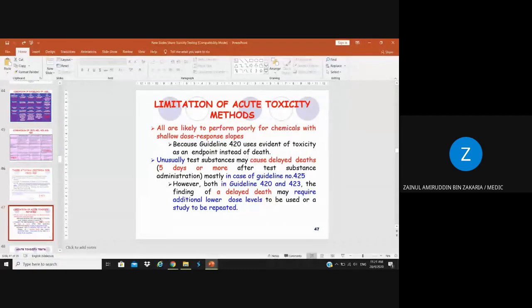Limitation of acute toxicity study. All are likely to perform poorly for chemicals with a shallow dose response slope. Certain compounds may have a very shallow dose response slope, meaning, let's say, it will only produce a toxic effect between 200 to 270, for example.